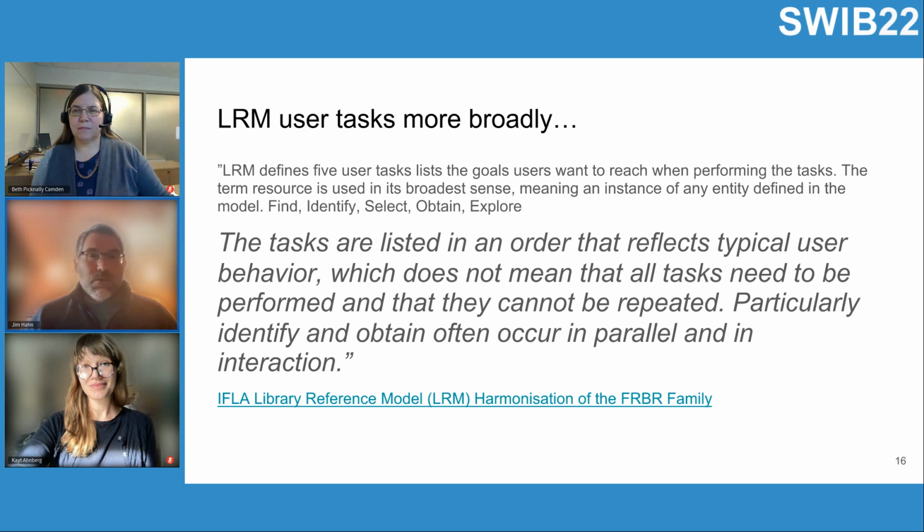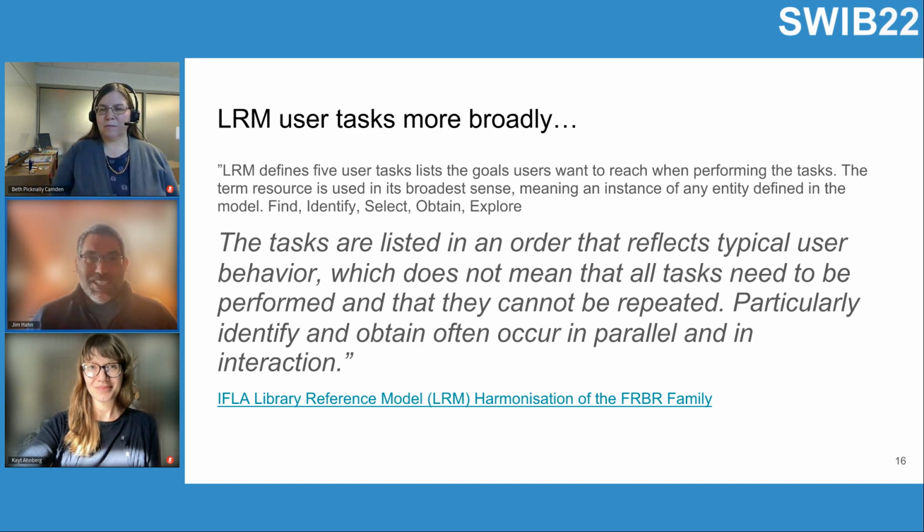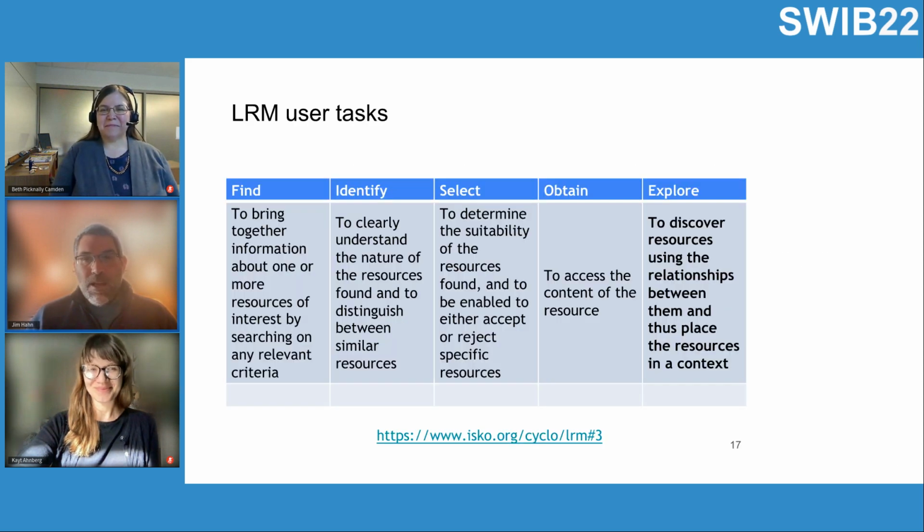This isn't a Google Map. It's not point A to point B, or even A, B to C. All tasks are able to be repeated. You can use identify and obtain in parallel, and there's a lot more on this in the reference model, which is great reading. Take it to a cafe, grab some coffee, and go through it.